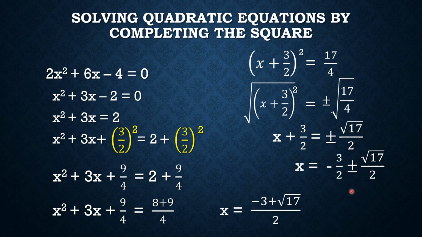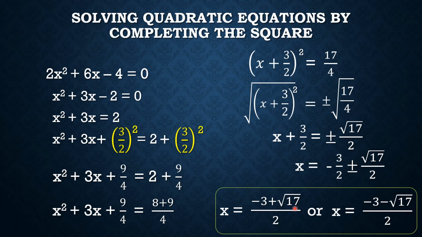By separating the two solutions, we now have x is equal to negative 3 plus the square root of 17 all over 2, or x is equal to negative 3 minus the square root of 17 all over 2. And that's it. And that's how we do completing the square when we solve for the roots of the quadratic equations.